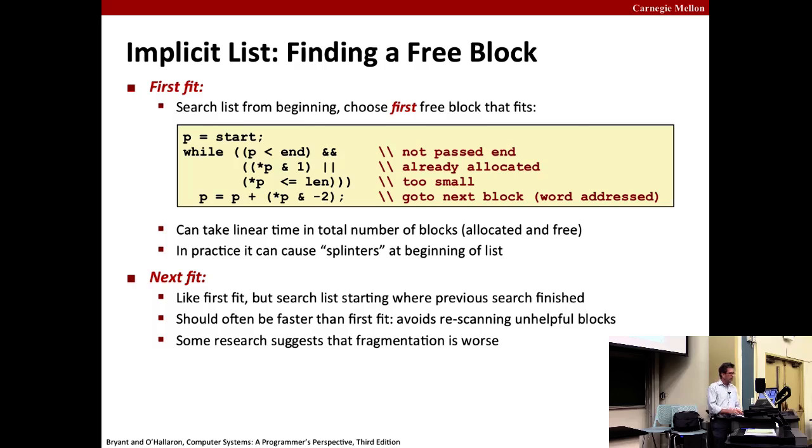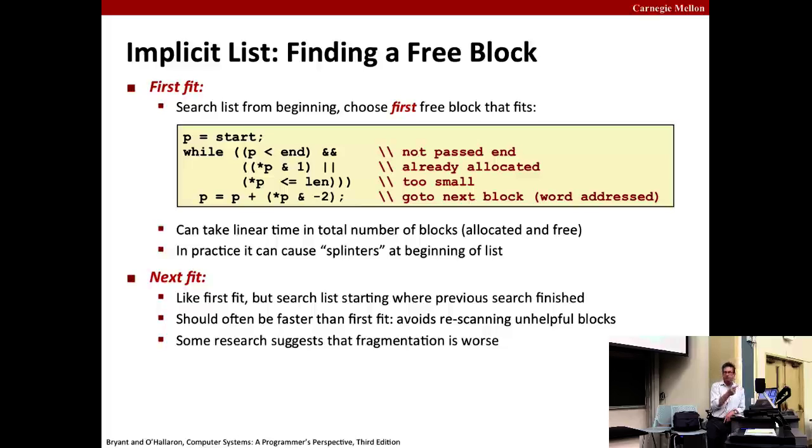Now, some people have proposed an alternative called next fit. The idea here is that instead of starting over each time from the beginning of the heap to find a block that fits, we just pick up where we left off the last time. So we scan the heap till we find a block that's big enough to satisfy the request, and then we remember where we left off.